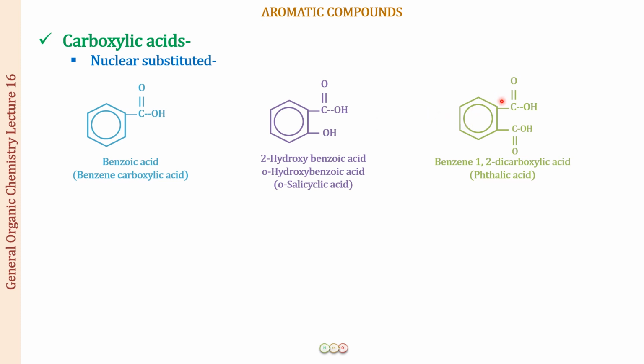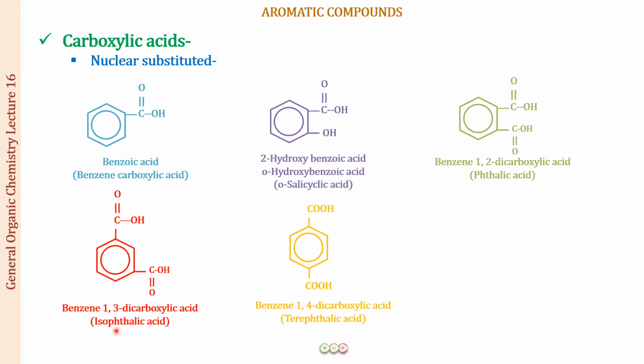So this is a di-substituted product, benzene 1,2-dicarboxylic acid, and the common name for this compound is phthalic acid. And when they are present at position number 1 and 3, it is benzene 1,3-dicarboxylic acid. The common names are very important. It is isophthalic acid. And when they are present at position number 1 and 4, we call it terephthalic acid. All right.